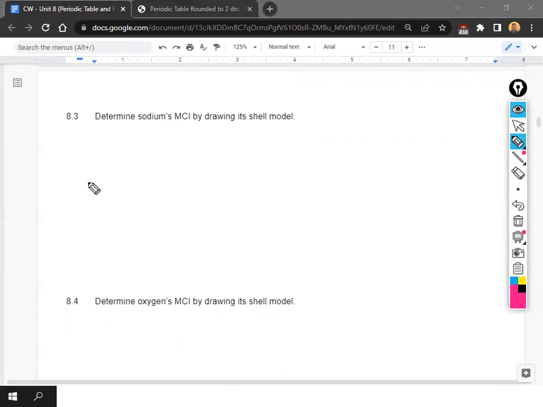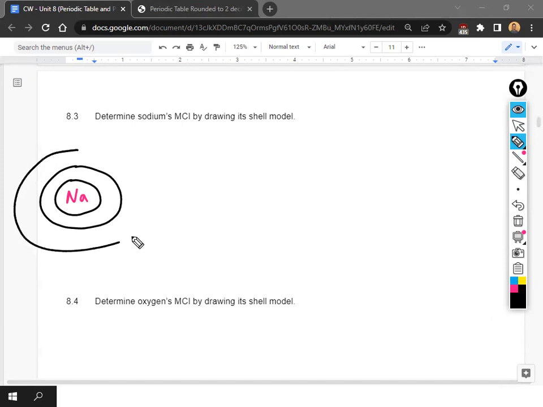Okay, so sodium. So we're going to draw regular sodium, the shell model. How many shells does sodium have? 3. So we're going to do 1, 2, and 3. Okay, let's fill in all the electrons.